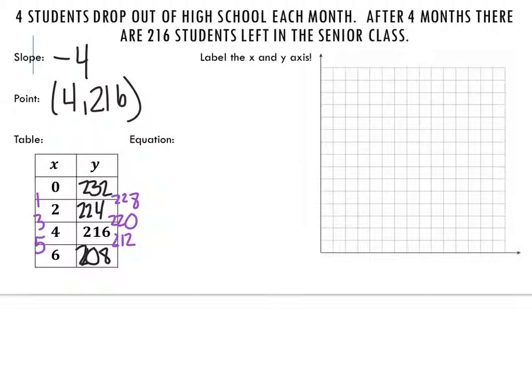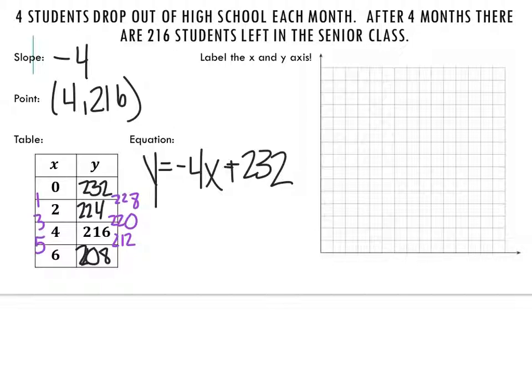But the actual points are 0, 232, 2, 224. You already knew 4, 216, and then 6, 208. So your equation, y is equal to negative 4x, and I'm starting at 232.